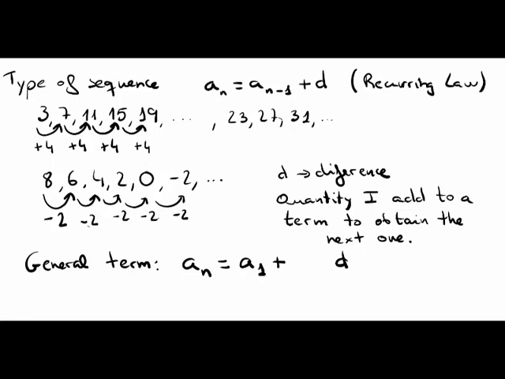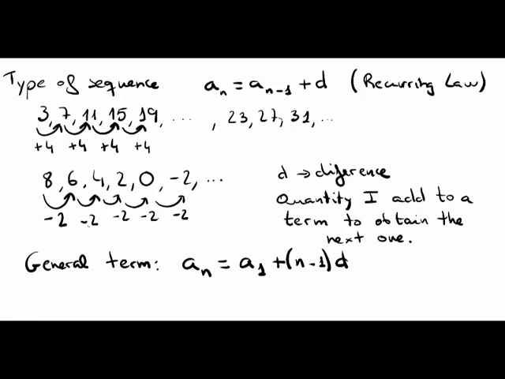When I want to calculate the second, I have to add the difference once to the first term. When I want to calculate the third one, I have to add it twice. When I want to calculate the fourth, I add it 3 times, and so on. So when I want to calculate the nth, I'm adding n minus 1 times the difference.